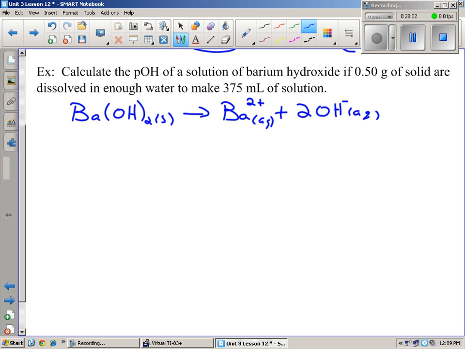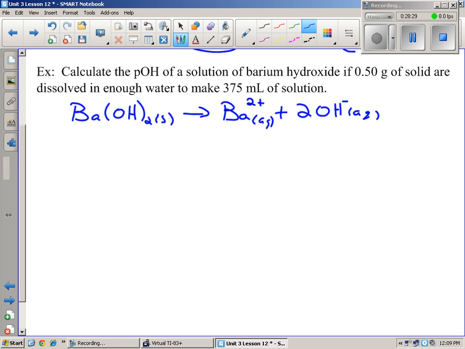Well, it goes back to the definition yesterday. The definition of modified Arrhenius theory is that a base can dissociate or react with water to produce hydroxide. Does barium hydroxide have hydroxide built into this formula?